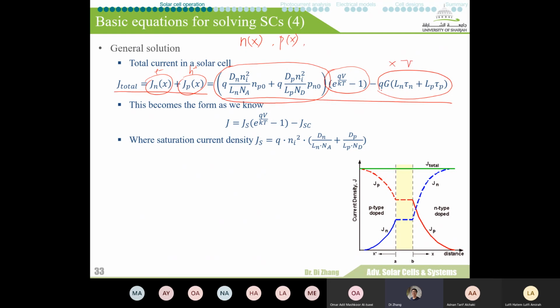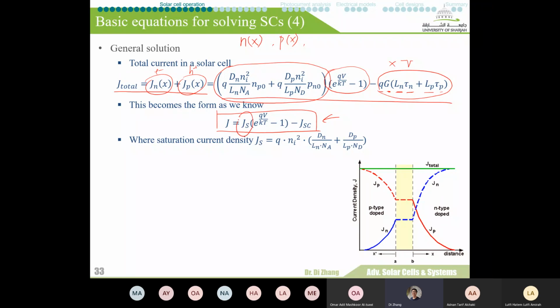Basically we have the Q, generation rate, the diffusion length, the carrier lifetime, etc. So this is precisely the same form we have been using in solar PV, right? This will seem much more familiar to you. If you compare between the two, they are essentially the same.